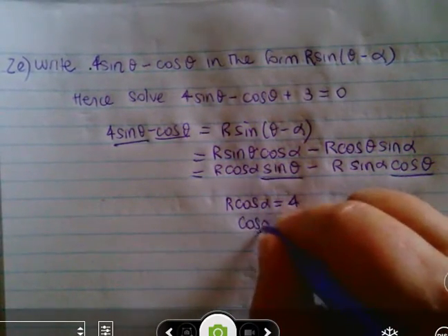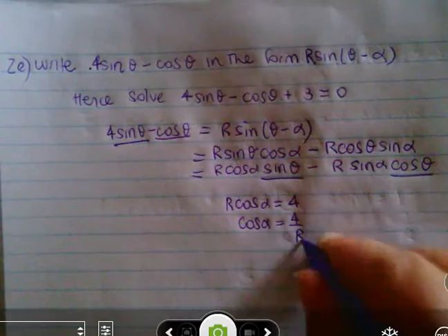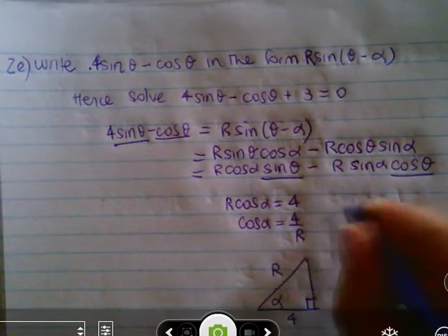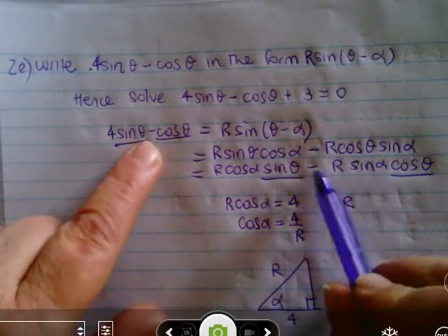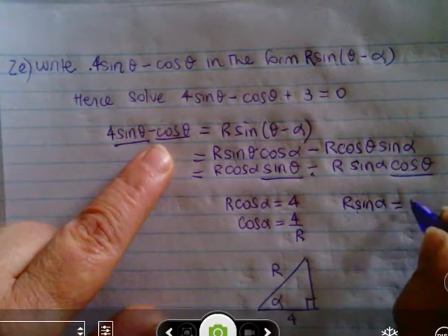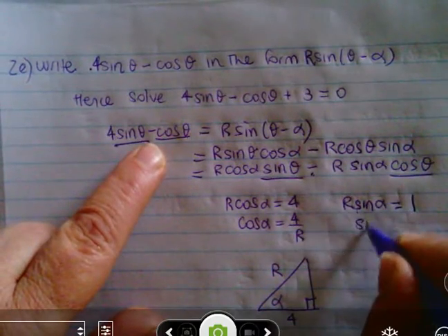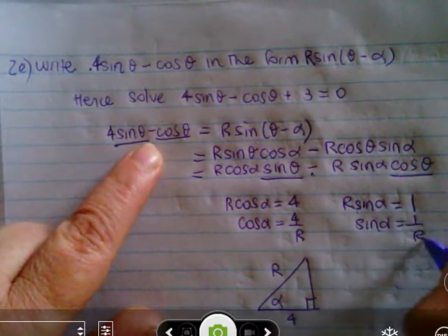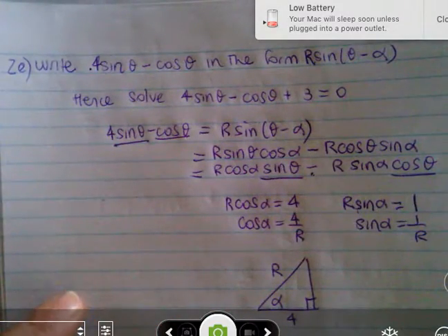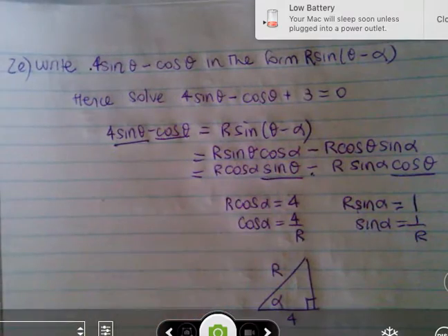In other words, cos alpha is 4 on R. And we can see that, now notice that's minus, all good. R sine alpha must be 1. So sine alpha is 1 on R. You should not get that this is a negative 1. If you've got a negative, you've done something wrong in the expansion, or you've written the question out wrong. All right?